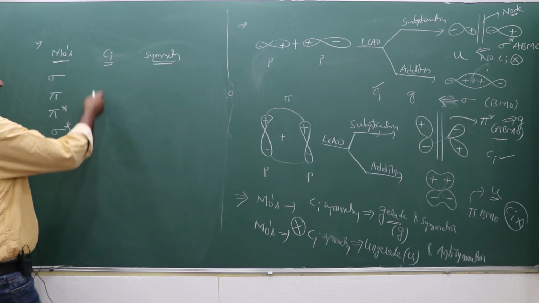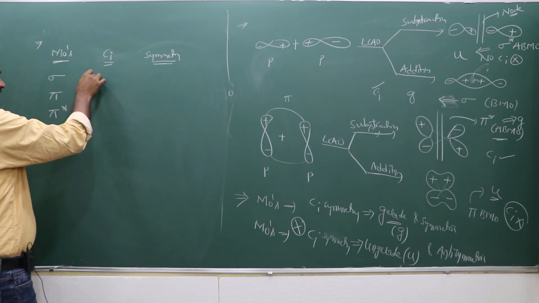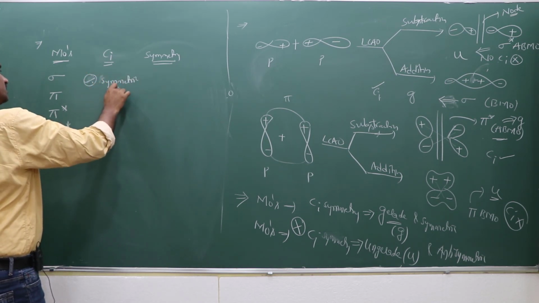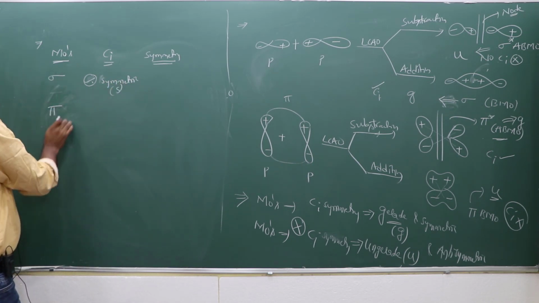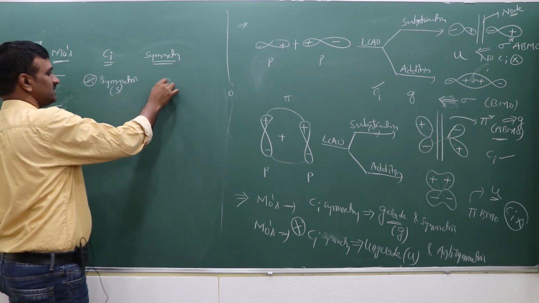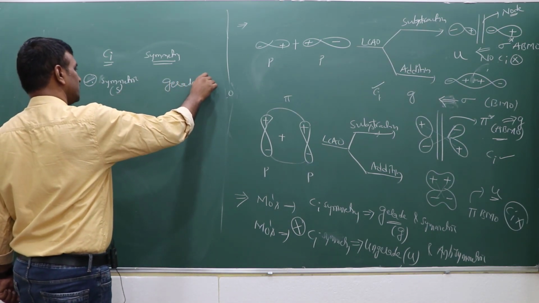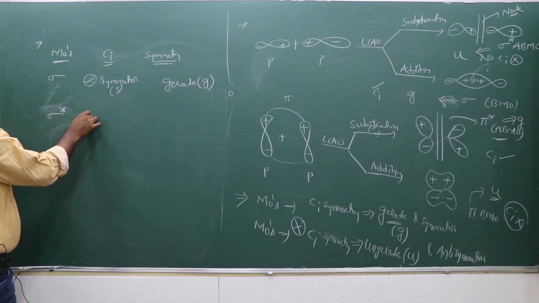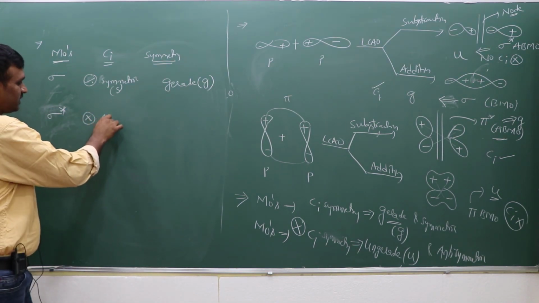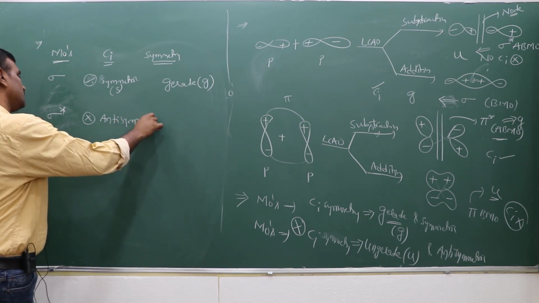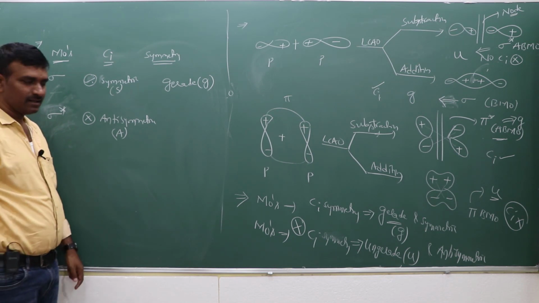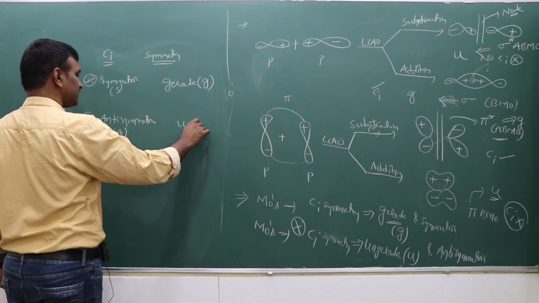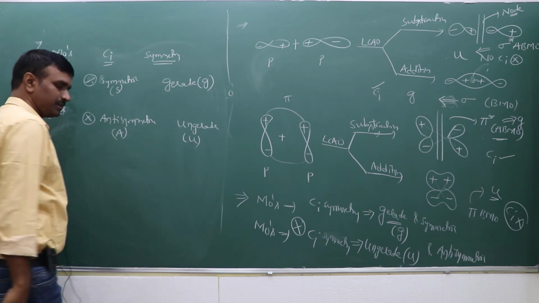If the center of inversion is present, it may be considered as symmetric, which is gerade, G. And coming to the case of sigma star, where the center of inversion is not there, it may be considered antisymmetric, A, with respect to the CI. So it is going to be ungerade, so that it may be U.